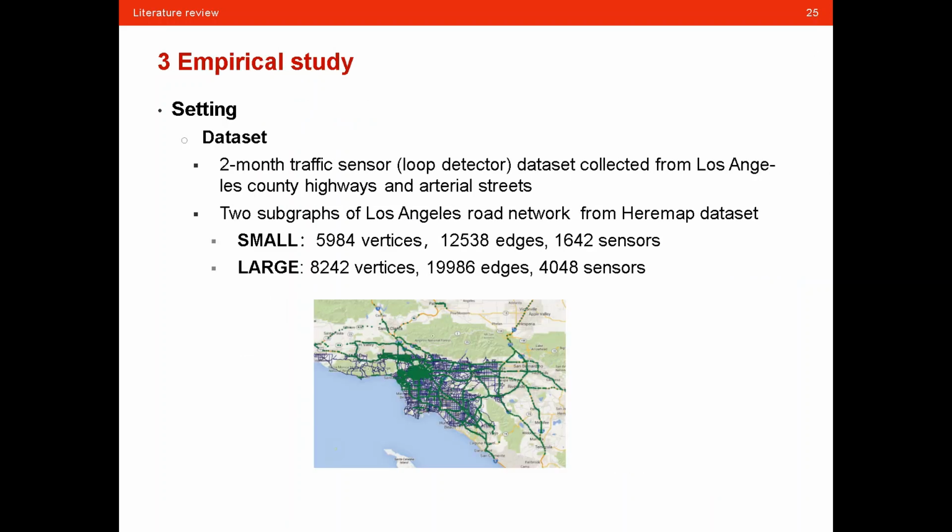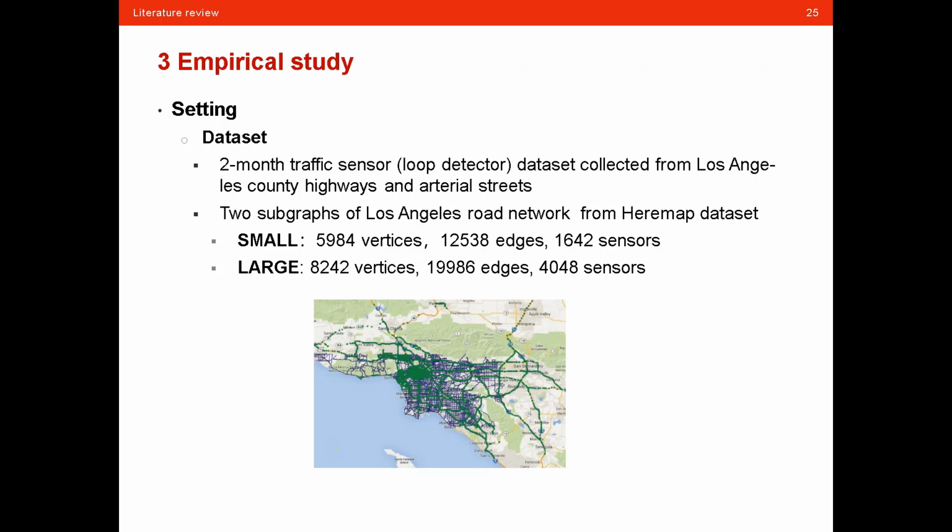Now let's come to the empirical study of this paper. The dataset this paper used is a 2-month traffic sensor dataset collected from Los Angeles County highways and arterial streets. And there are 2 subgraphs of the Los Angeles road network from the METR-LA dataset. The author divides this dataset into 2 parts.